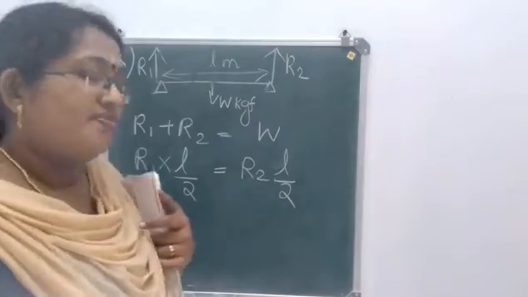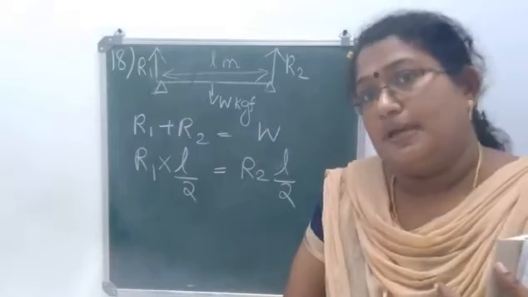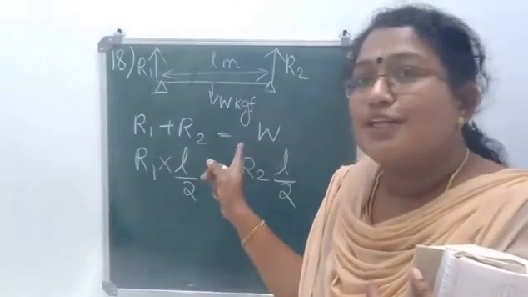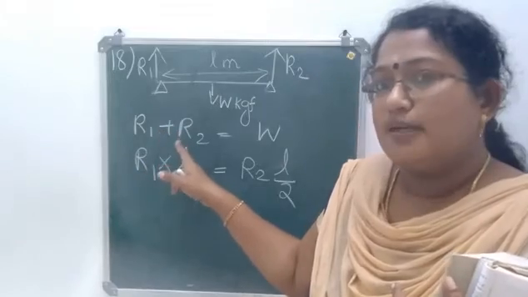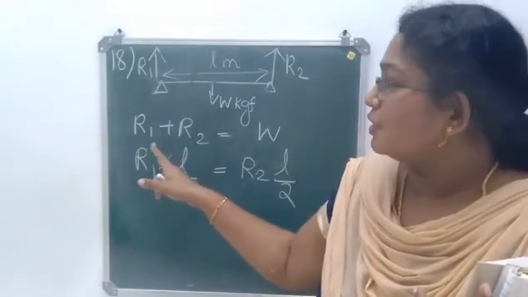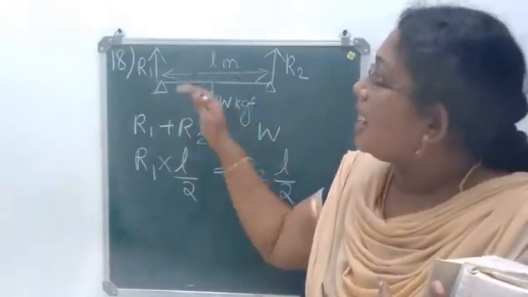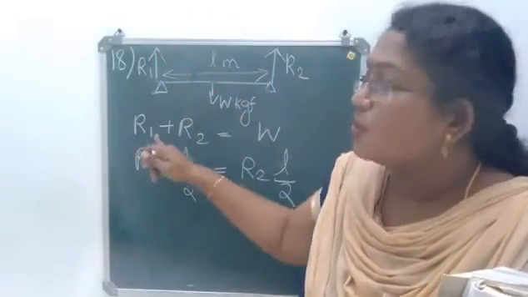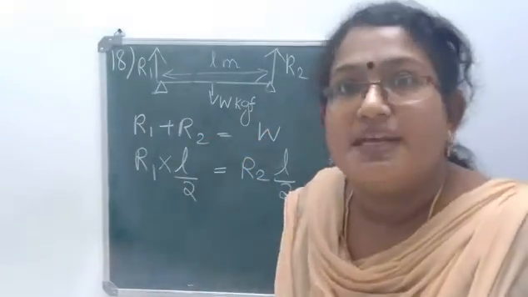Okay. So from where did I get these two equations? At equilibrium, the total forces acting on a body will be equal to 0. So the total forces acting on a body being equal to 0 means R1 plus R2 minus W is equal to 0. R1 and R2 are in the upward direction, so I have taken them as positive. W is in the downward direction, so it should be negative.